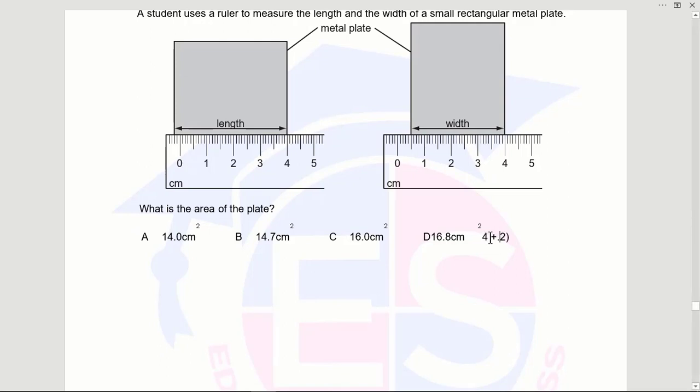Once again, if I do it here, I will do it in this way. 4 minus, in the bracket I can write 0.2, but what is 0.2? It's also minus.